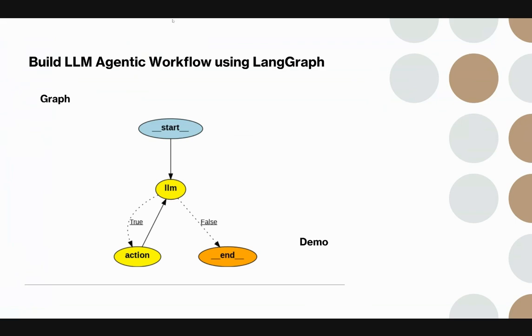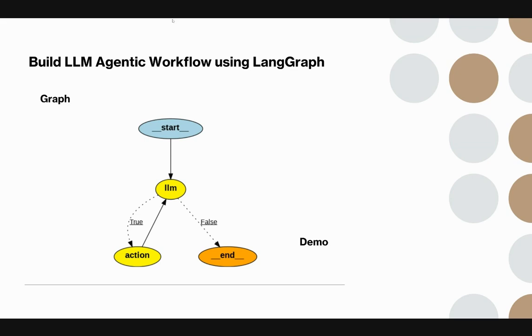Here, okay, so the yellows are nodes. For example, the OpenAI model, the LLM, is a node. And as I mentioned, a node can be anything, so you can create a node for actions also. Basically, that is where you call your functions.